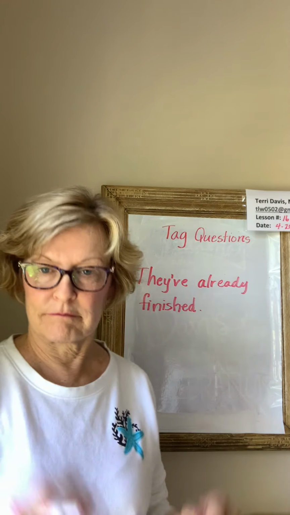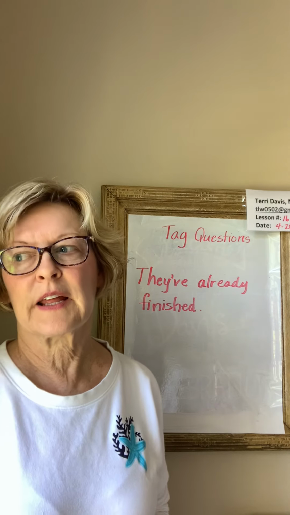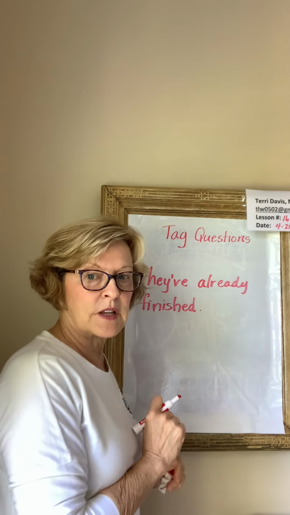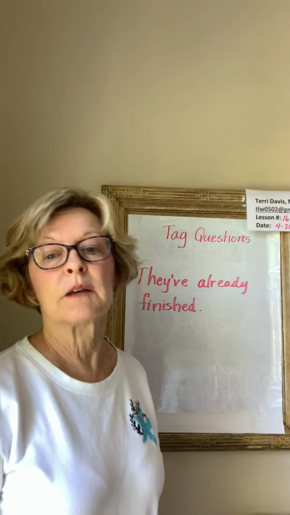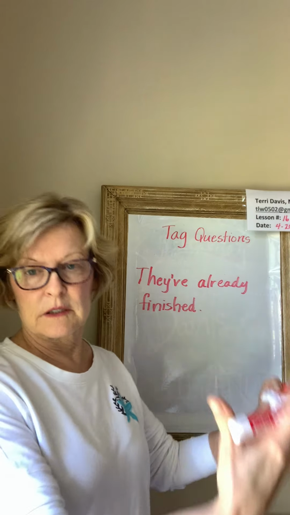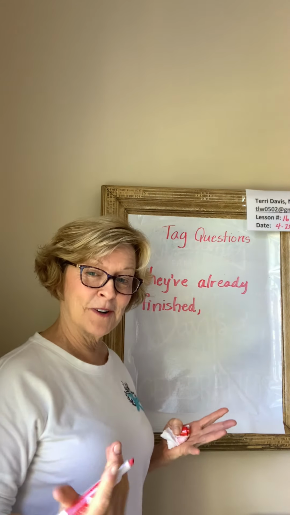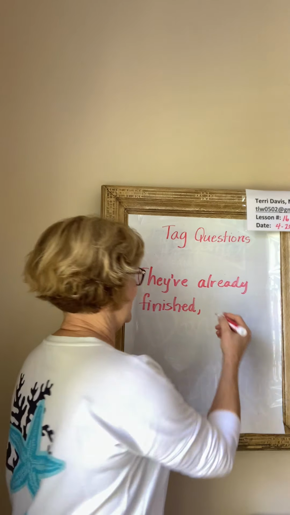Maybe talking about my guys working in the yard. They've already finished. And if I want to turn that into a question, I'm not quite so sure. I'm confirming, maybe with my husband, they've already finished, comma, and it would be what? Haven't they?